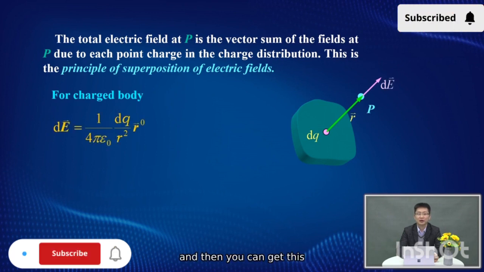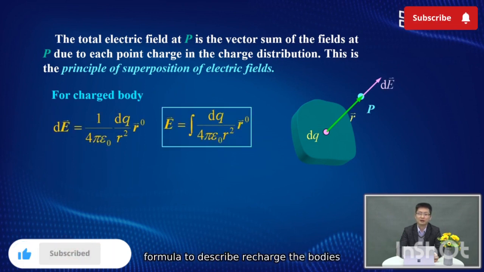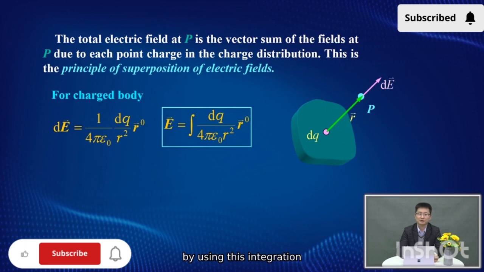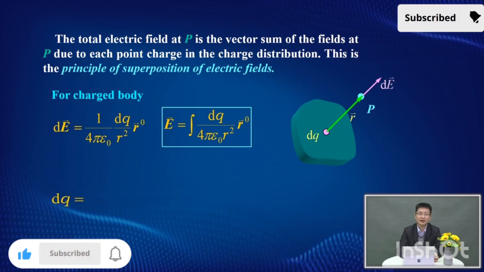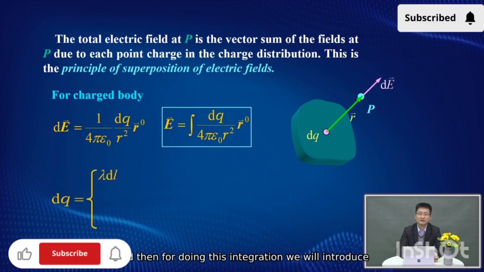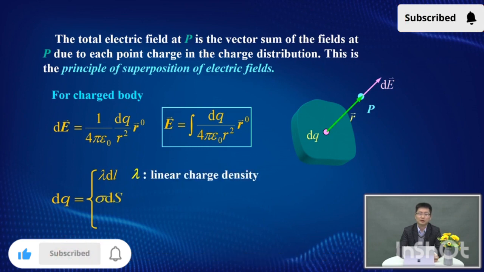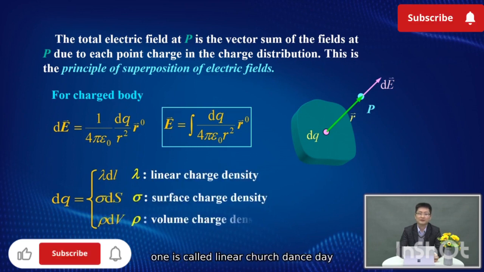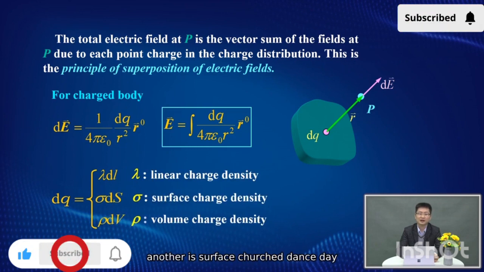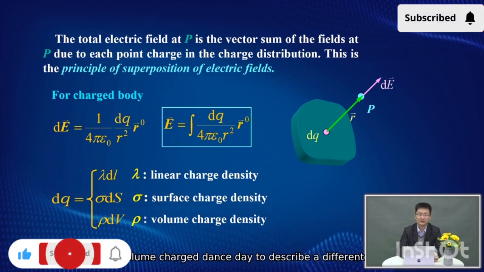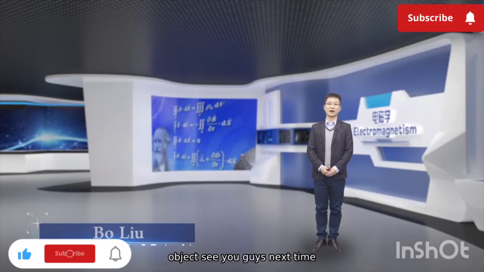Then you get this formula to describe charged bodies by using integration. For doing this integration, we introduce three concepts: linear charge density, surface charge density, and volume charge density, to describe the different objects. See you next time.